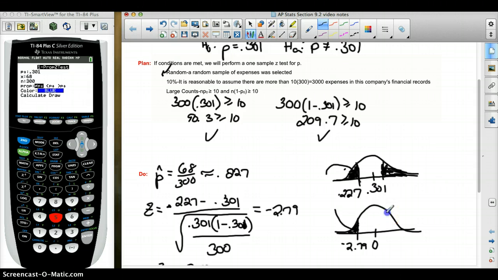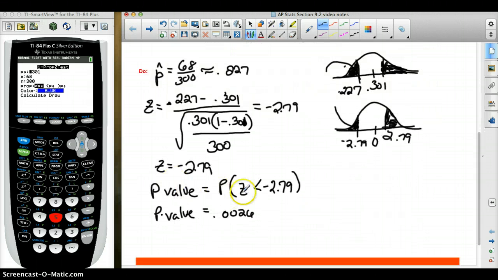Because it's symmetrical, if this z-score is negative 2.79, this is 2.79. So the two areas are going to end up being equal, so we can take this p-value and double it. When we double it, we get 0.0052. Okay, so our p-value is actually 0.0052.